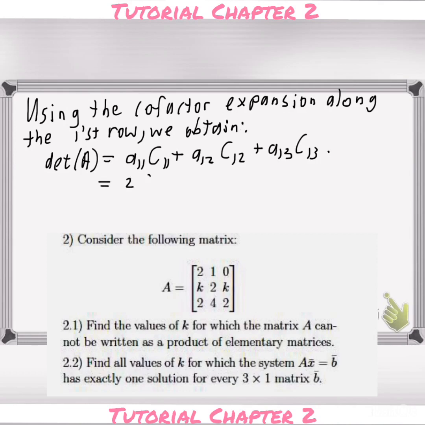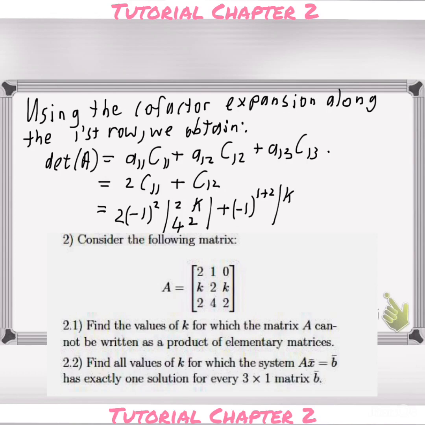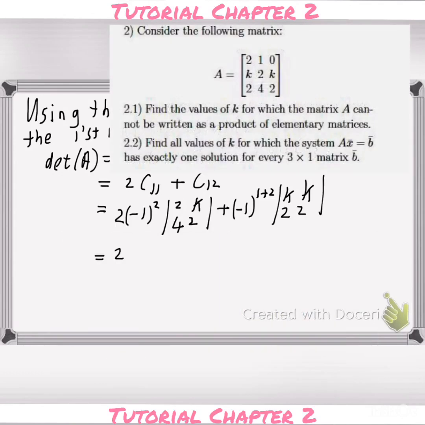So doing simplification, you eventually get to this cofactor expansion sum, and then working that out, you get 2 times minus 1, the sign, multiplied by the determinant of the 2 by 2 matrix, plus negative 1, the sign, okay, and that is that quantity there.